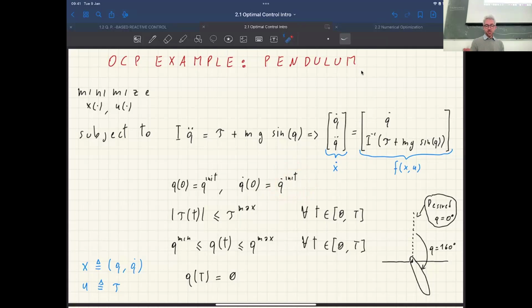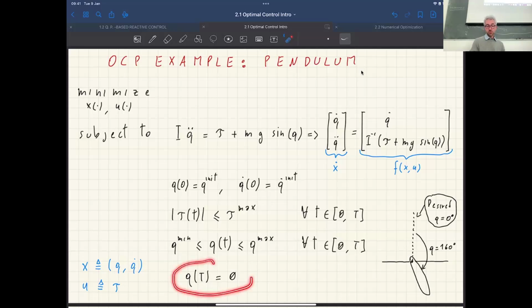And then we can add any physical constraints. Typically, we are going to want to add torque limits, because the motor at the joint is going to have a limited amount of torque it can generate. We're going to have joint position limits, so the joint position must be within certain limits.